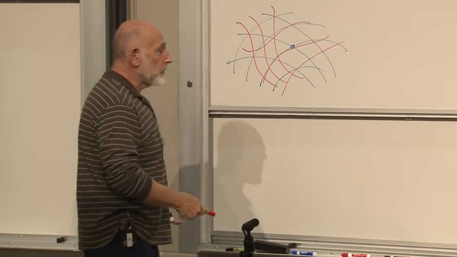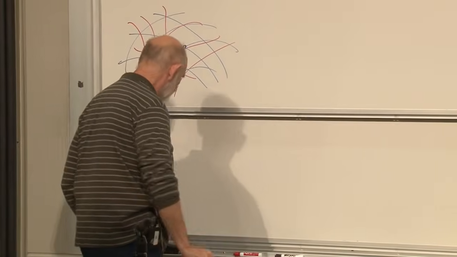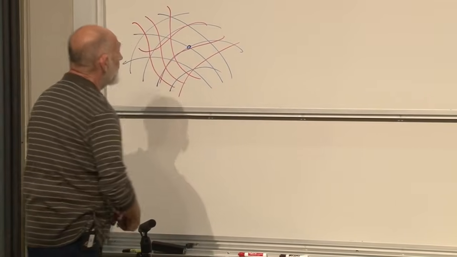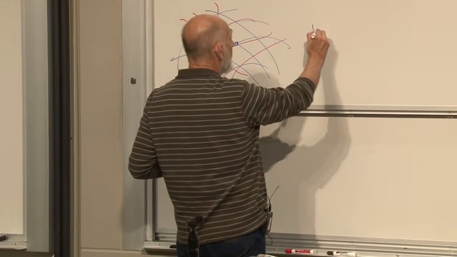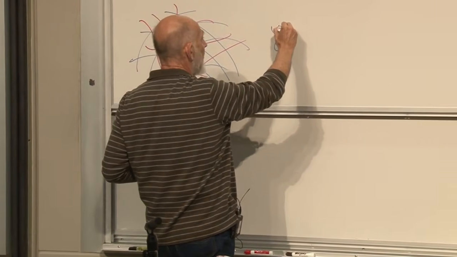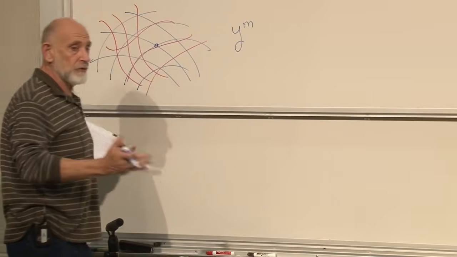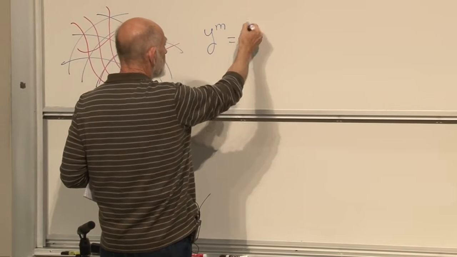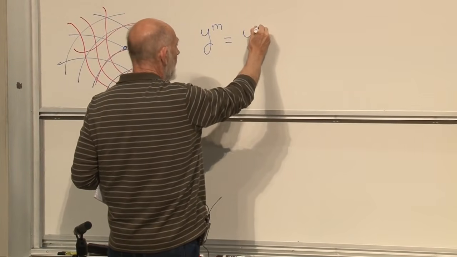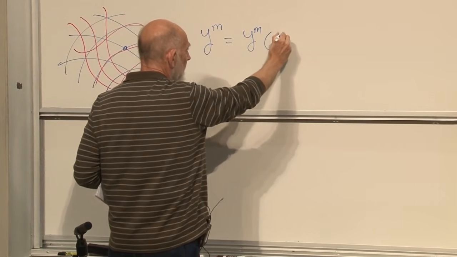But we assume there's a correspondence that if you know the value of the x's for a particular point, then the y's, so let's write that, y_m, where m runs from 1 to however many, is a known function, assumed to be a known function of the x's.